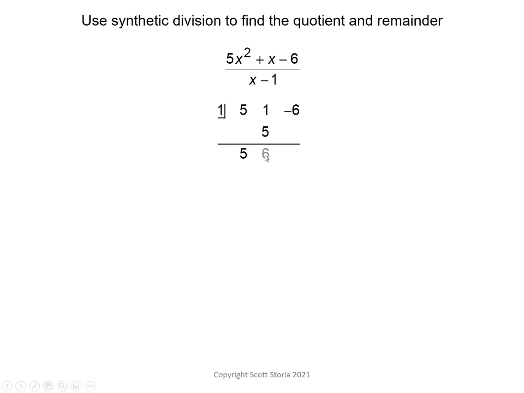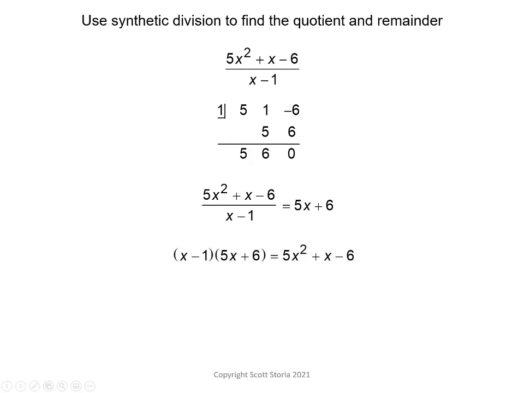I'll add to get 6. 1 times 6 will give me 6. I'll add to get 0. And so my quotient will be 5x plus 6 with a remainder of 0. And again, please check your work to verify to yourself that you've actually found the right quotient.